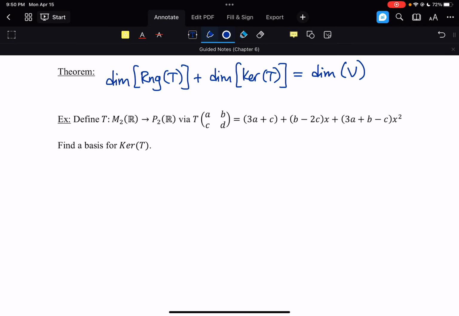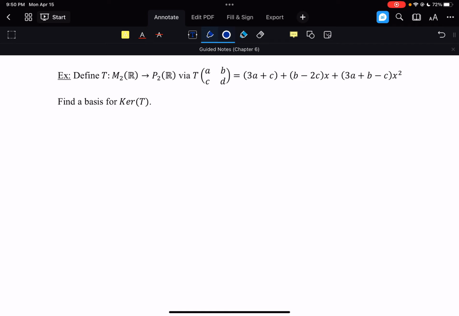So we have a transformation from M2 to P2 given with this relationship. Find a basis for the kernel of T. This is the same transformation that we were working with a little bit ago. We found its range. Now we're going to find its kernel.